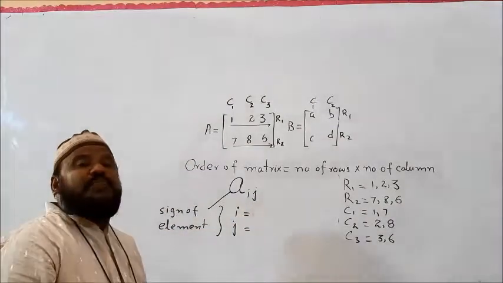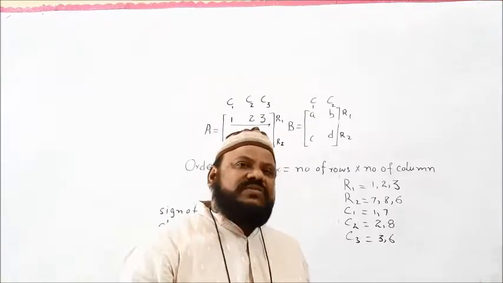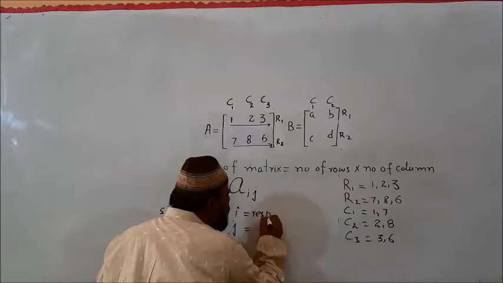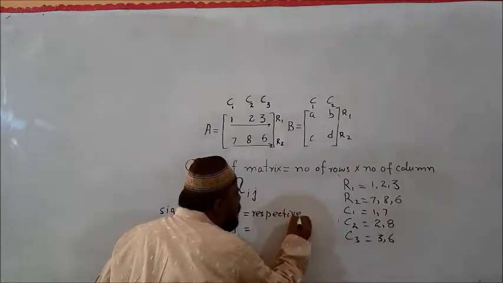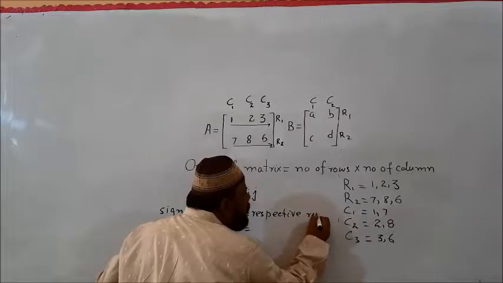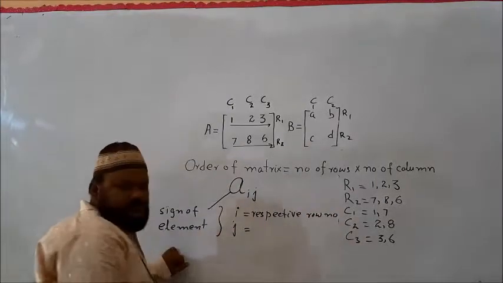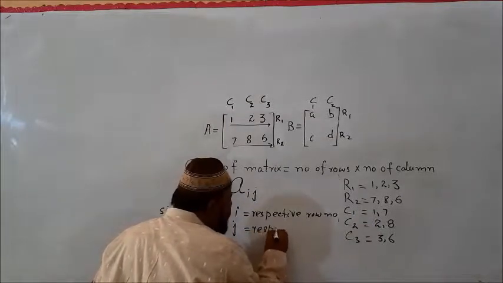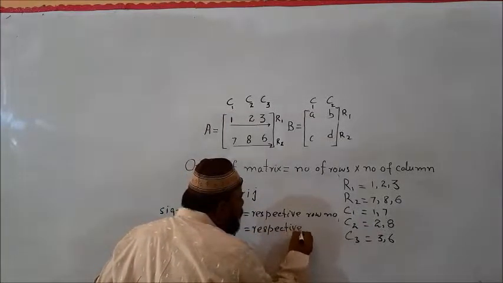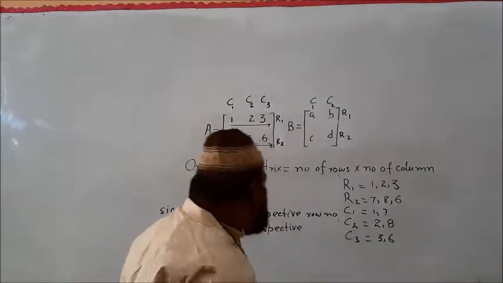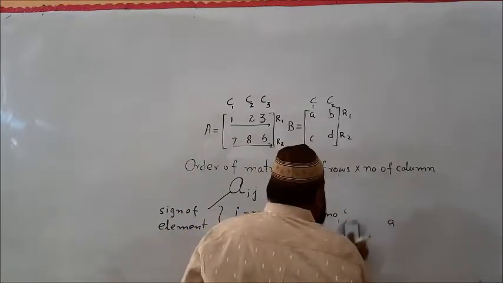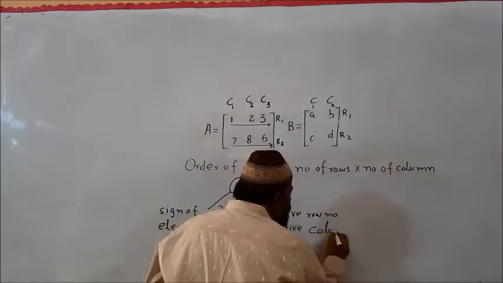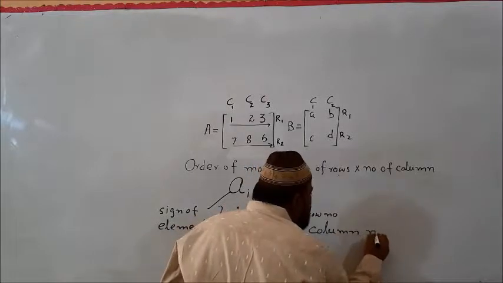I respective row number, and J respective column number.